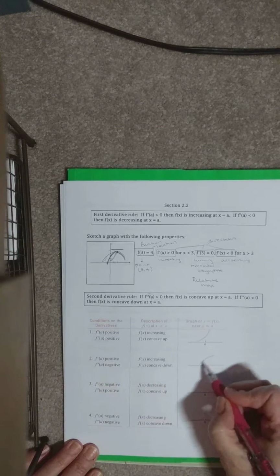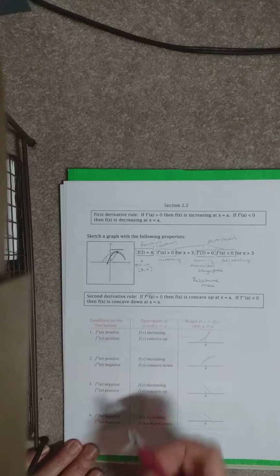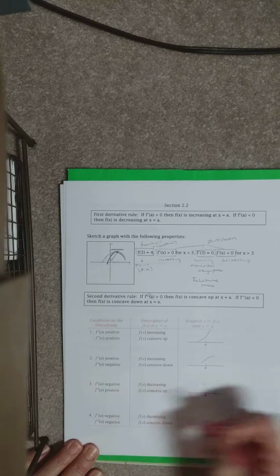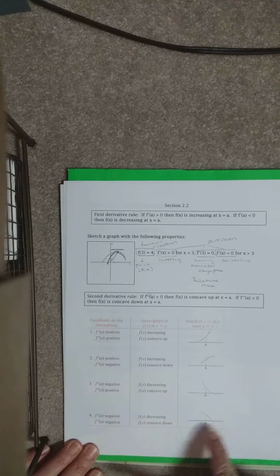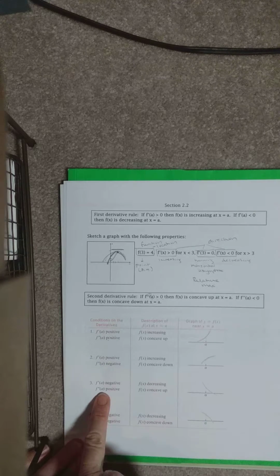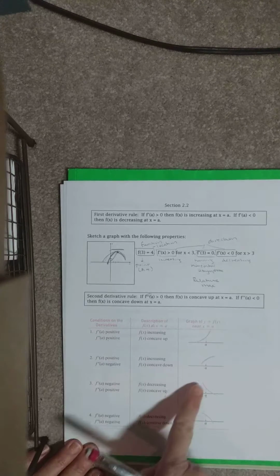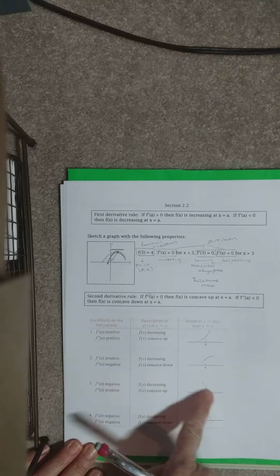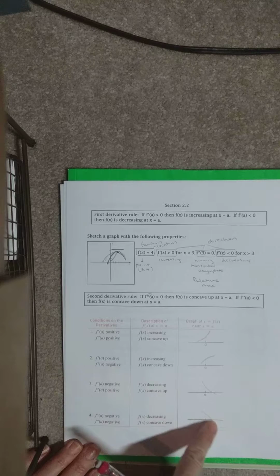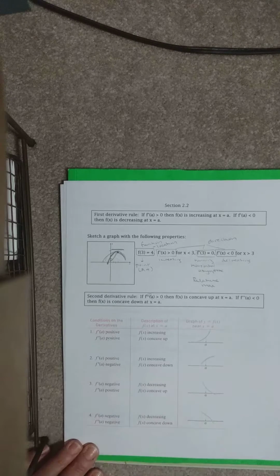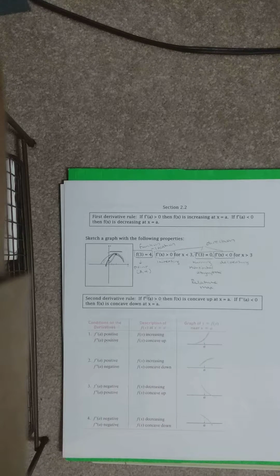It's concave down. A negative first derivative would be decreasing, so both of these are decreasing, but in different ways, because a positive second derivative would tell us it's doing it in a way that it's concave up, as opposed to concave down. So knowing both of those pieces of information helps us decide how we're going to draw increasing or decreasing.